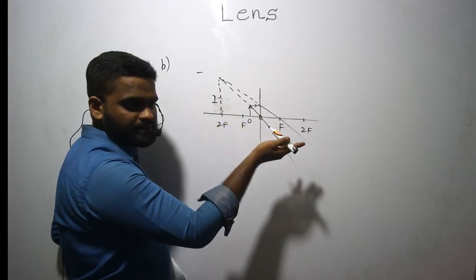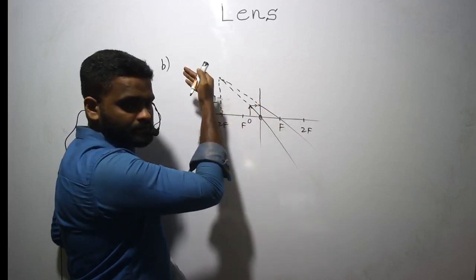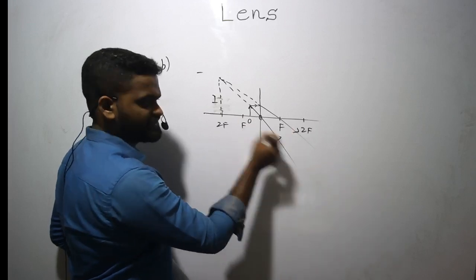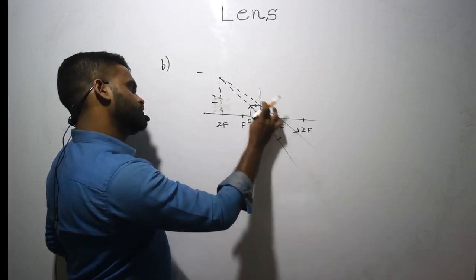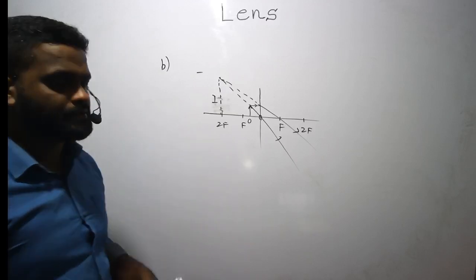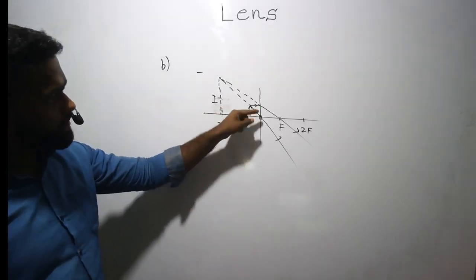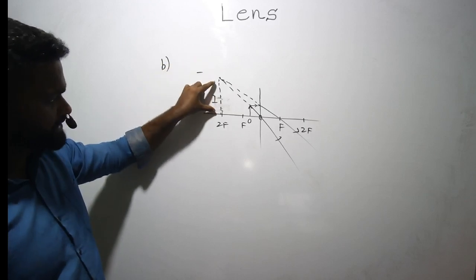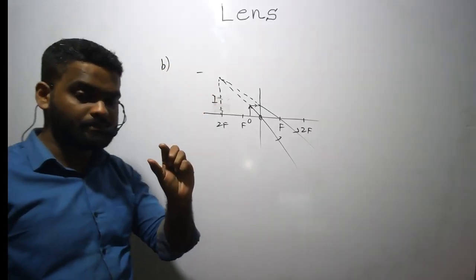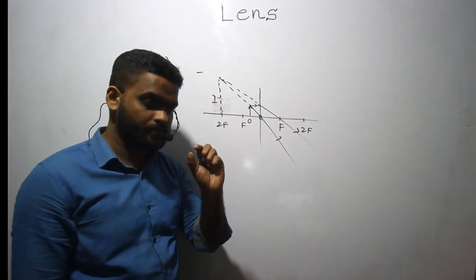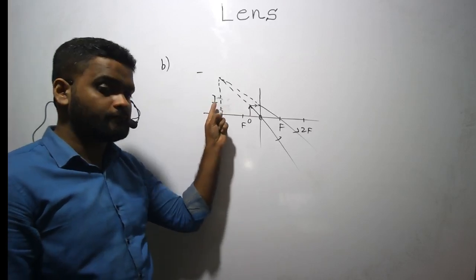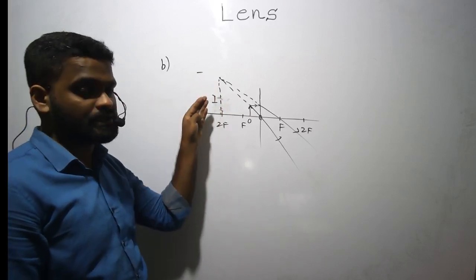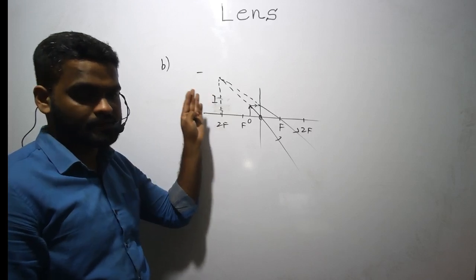The rays actually doesn't go to this direction, right? Rays goes to this direction. But to get the position of the image, you need to extend this to the opposite side. So this image is called a virtual image, right? And it is magnified, but it is not inverted.